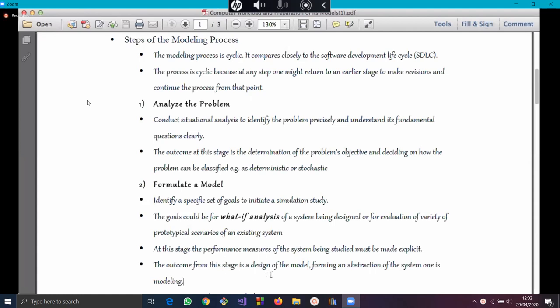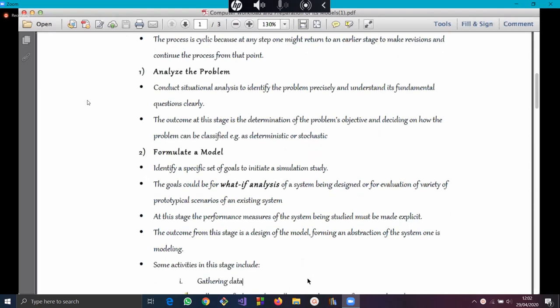The outcome from this stage is a design of the model, forming an abstraction of the system. One is modeling, meaning a designing of a model. In other words, a way in which you are representing it, either graphically, and I would encourage you to start with representing.